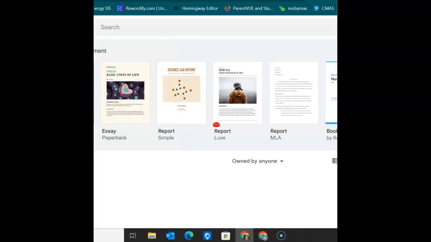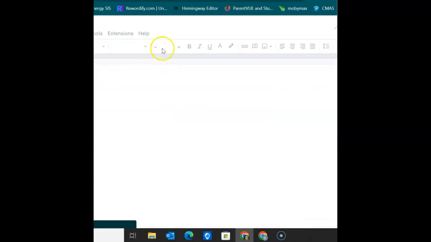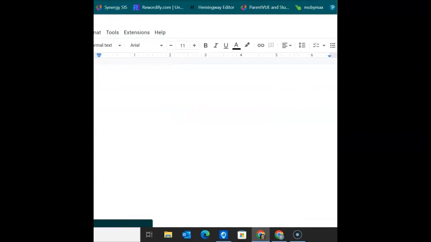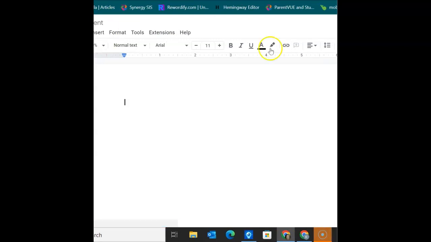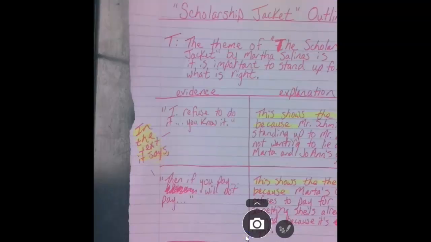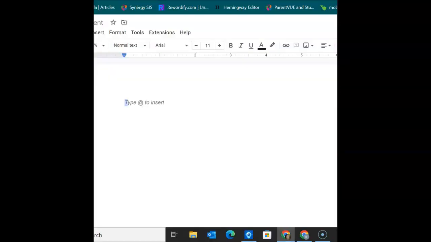And I'm going to be toggling back and forth between my paragraph and my outline. Okay? So, let's see. First, I'm going to look at my star outline, and I'm going to type this topic sentence. So I have it in front of me, and I'm going to just tab.